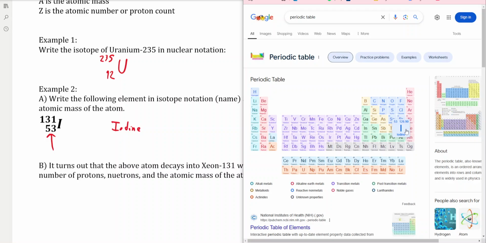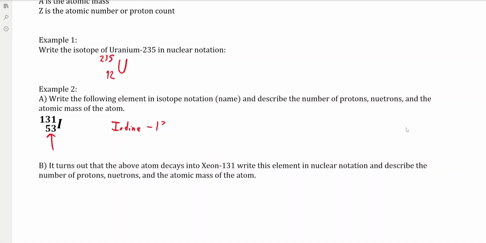I just go over till where it says 53, and you can see that iodine is 53, and its normal mass is 127, basically, but we have this isotope of it, which is 131. So this is how you write it in its isotope notation, in its name form.